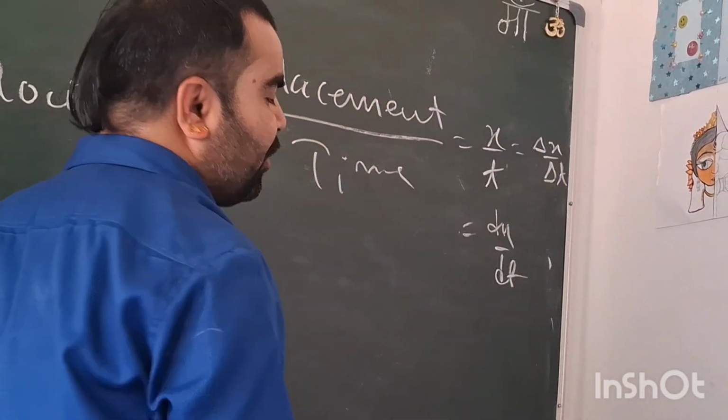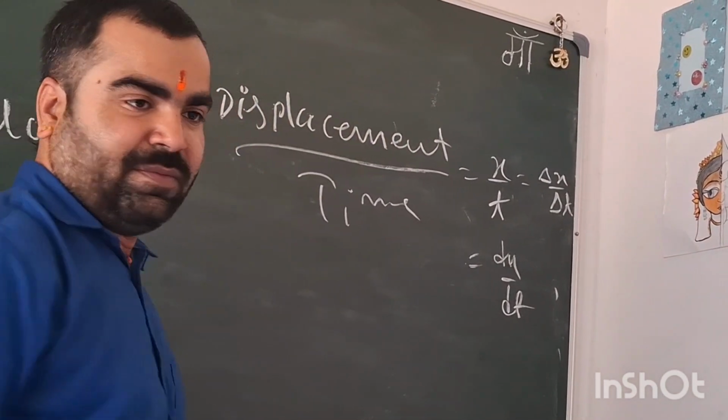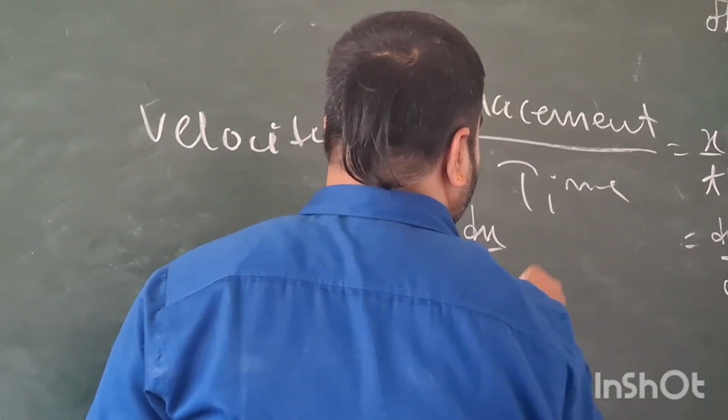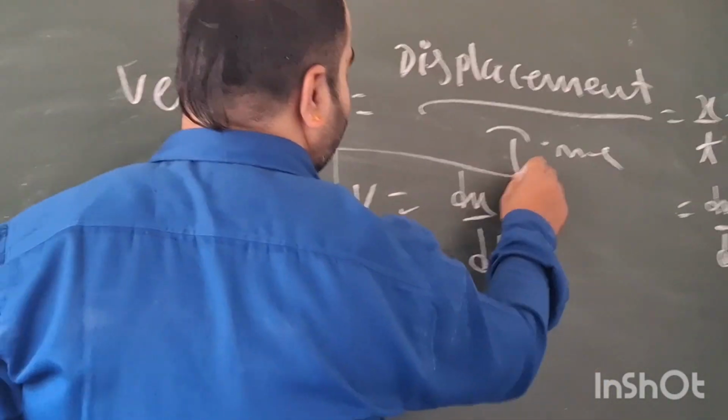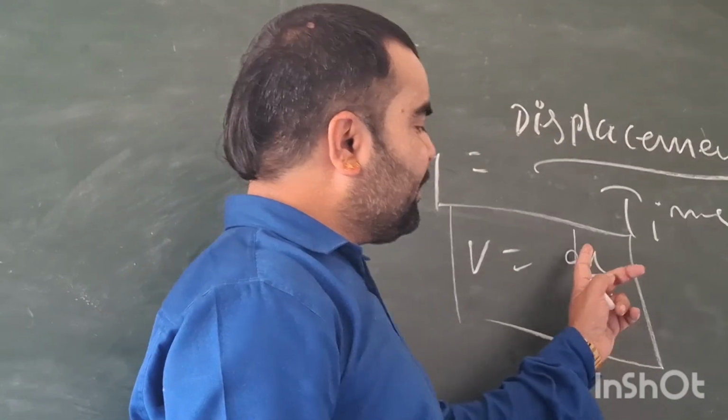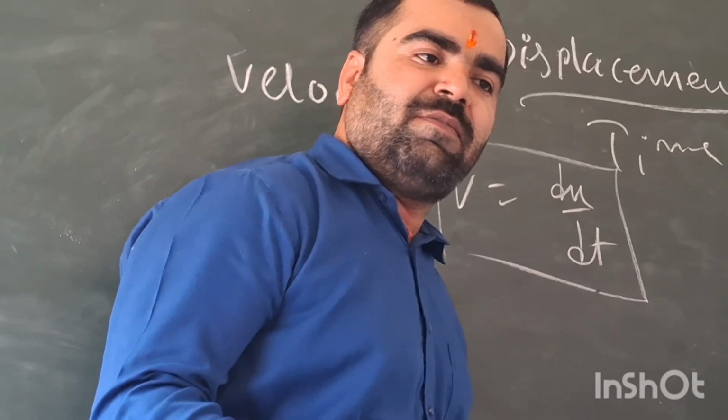In 11th standard you will write velocity like this: v equals dx by dt. So ultimately, displacement per unit time is called velocity.